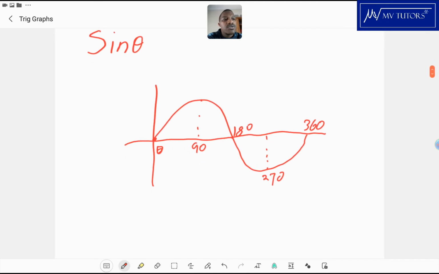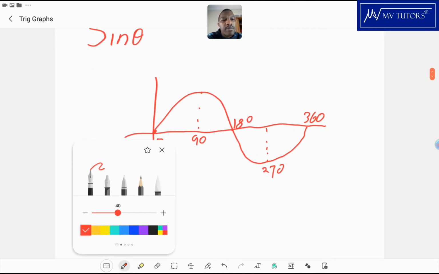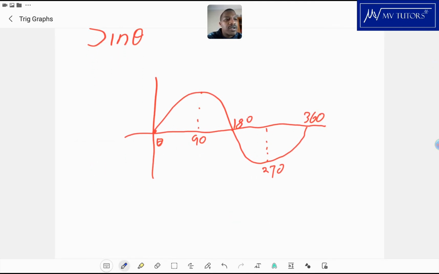Now, I want us to manipulate this slowly. Okay, so let's say now they give you this graph. They say draw this graph. Let's say they put a 2 there, and then they say sine theta.